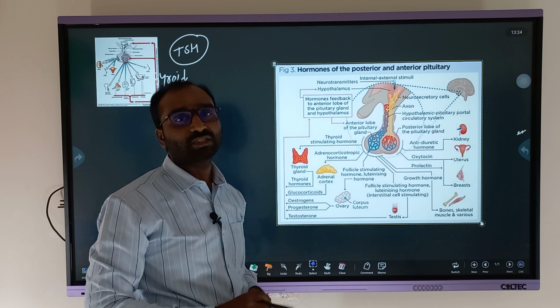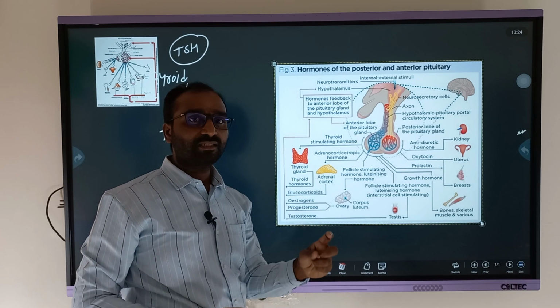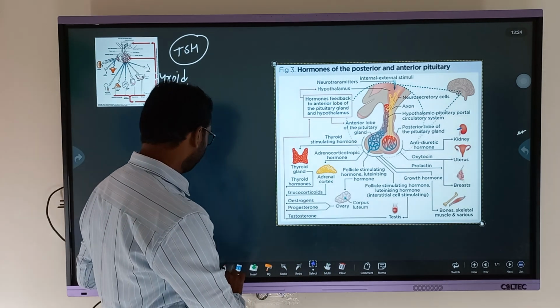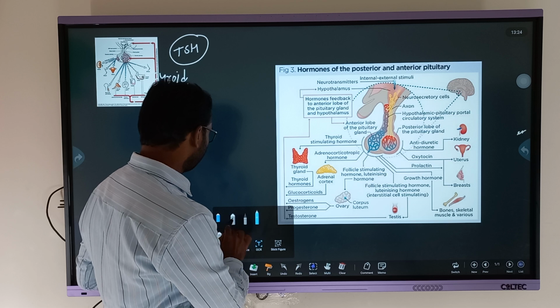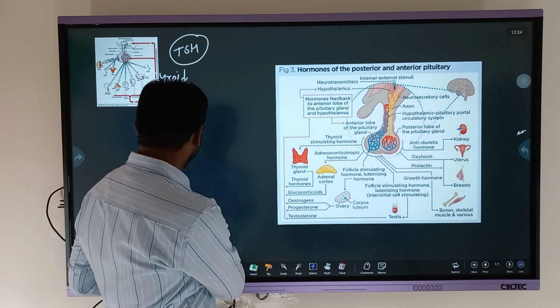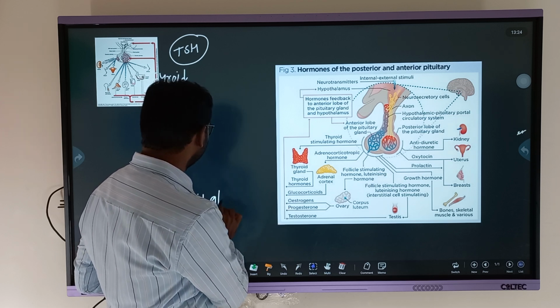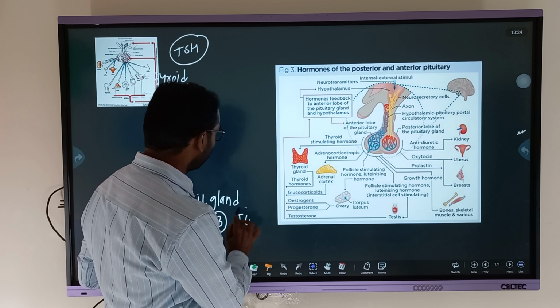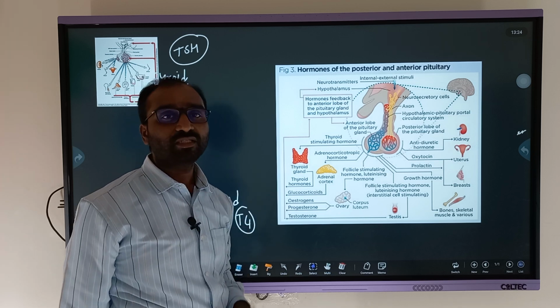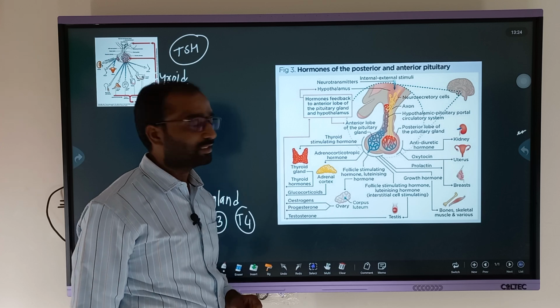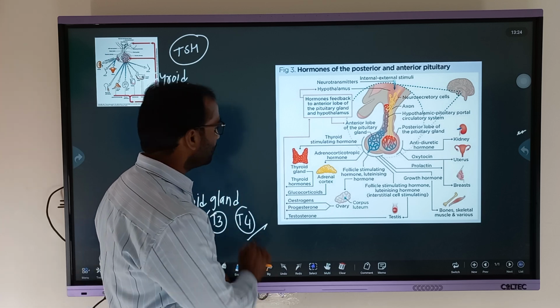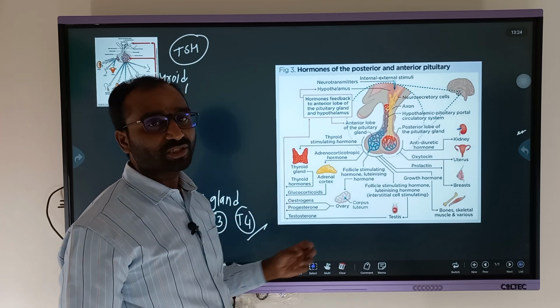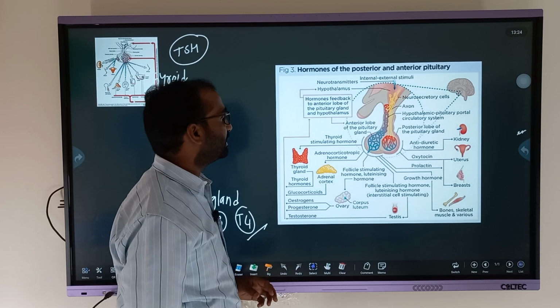Triiodothyronine, tetraiodothyronine. So generally the thyroid gland releases T3, T4. Am I clear? In that, T4 is thyroxine, which helps in maintaining the BMR.